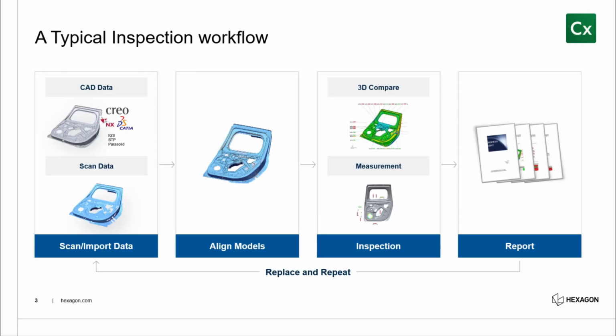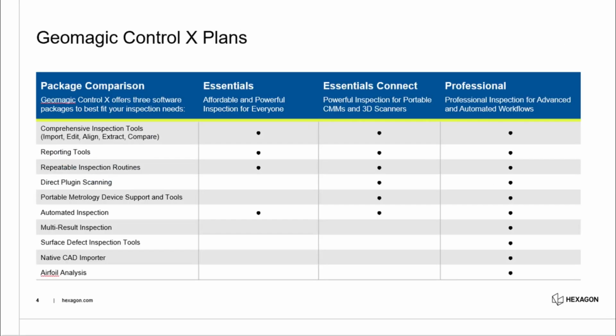A couple things about Control X: we have a couple different plans. We have Essentials, Essentials Connect, and Professional. The Essentials is everything most people need to get rolling on first article inspections and pushing everything out.